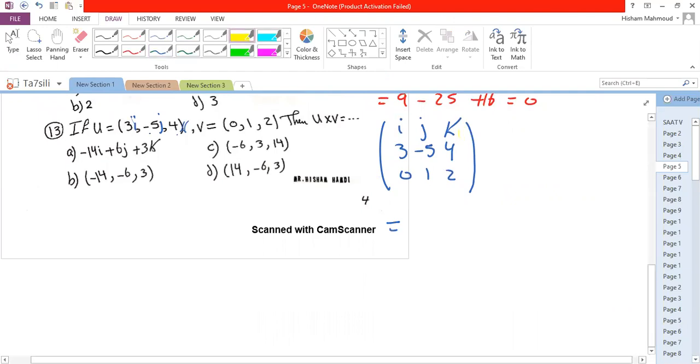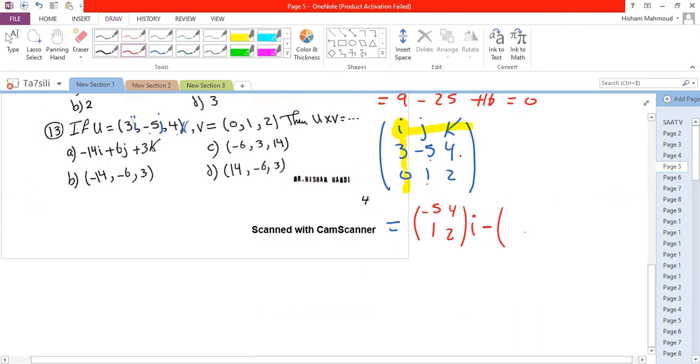First, I'm going to cancel the first row with the first column in terms of i. If I cancel the two yellow lines, I will find the remainder is negative 5, 1, 4, and 2 in the i direction.